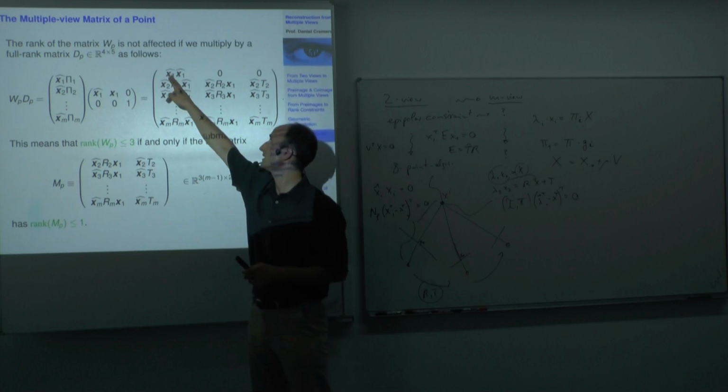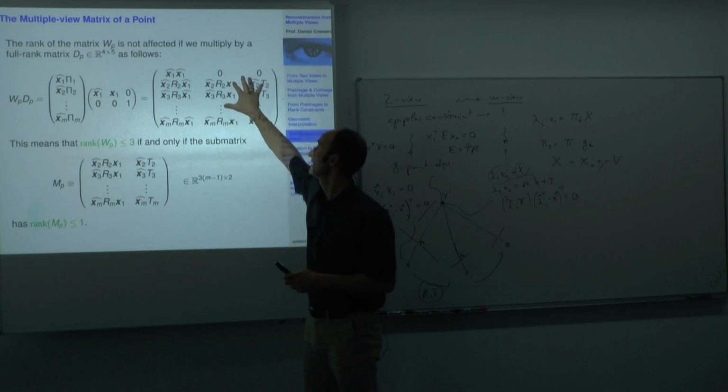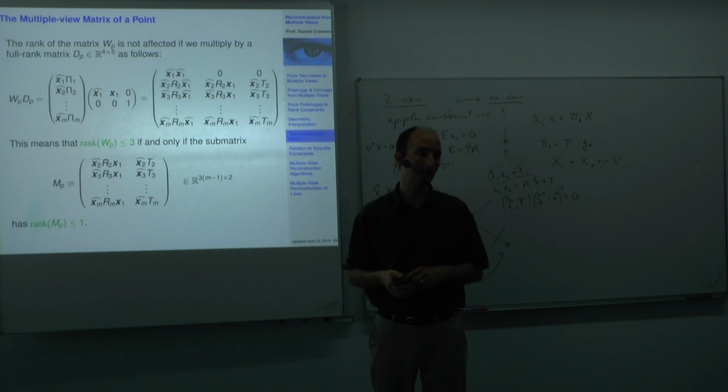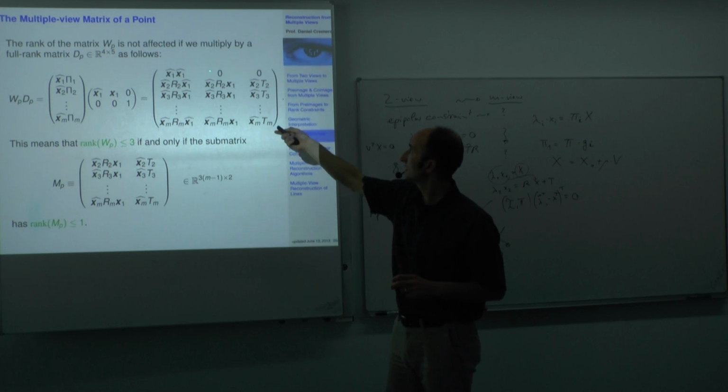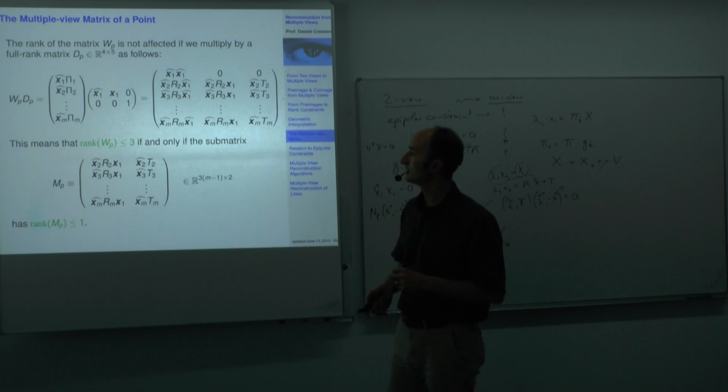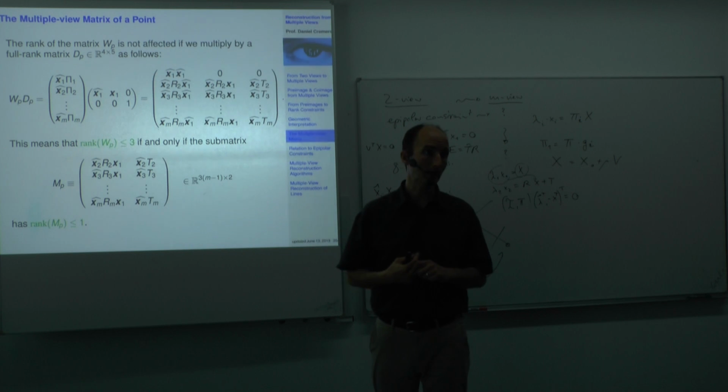See, you have 2 linearly independent rows here, and this whole remaining matrix can only contribute one more linearly independent row. And so you can deduce that this submatrix that we have down here, I've rewritten it here, MP, is a matrix that has at most rank 1.